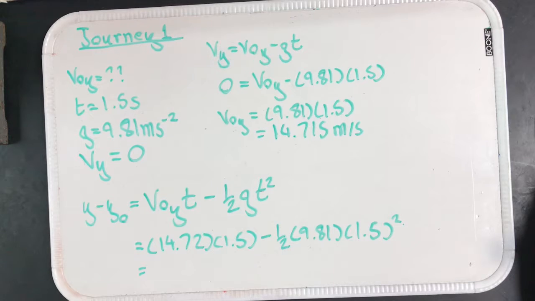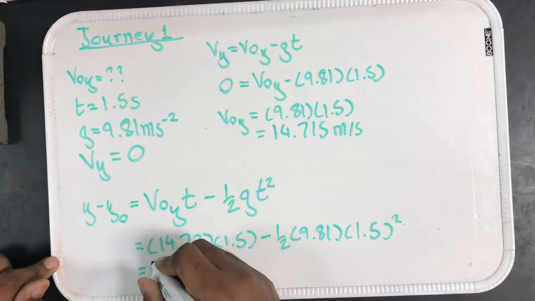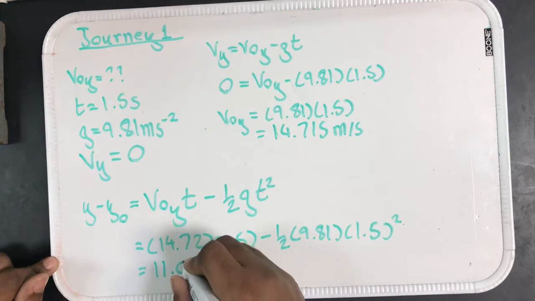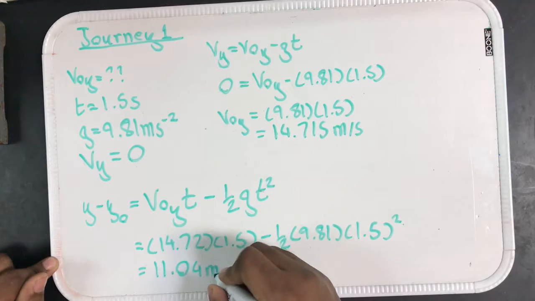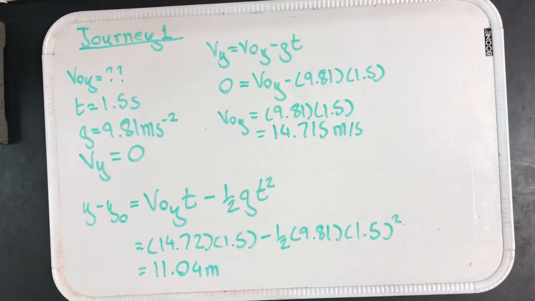So working this out, we get 14.72 times 1.5 minus 1/2 times 9.81 times 1.5 squared. And our final answer is 11.04 meters. And this is the maximum height that the ball traveled.